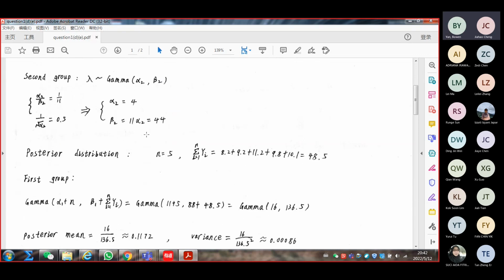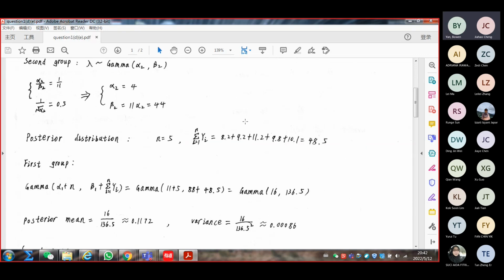Then we see the posterior distributions. We know from the question n equal to 5 and we can get the sum of y equal to 48.5.